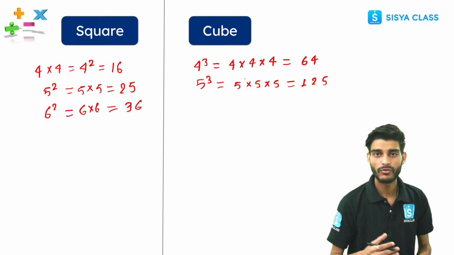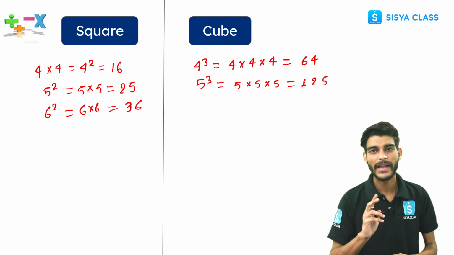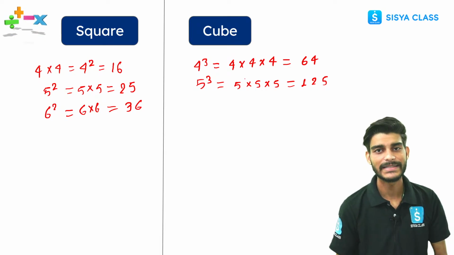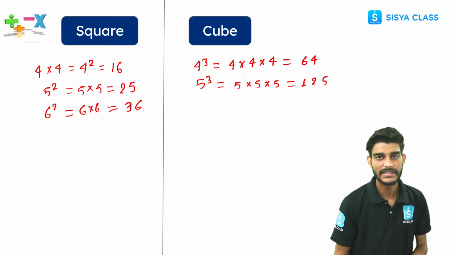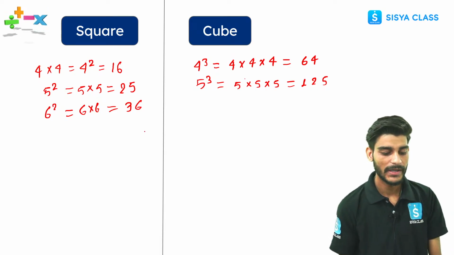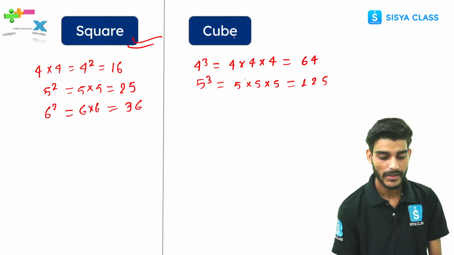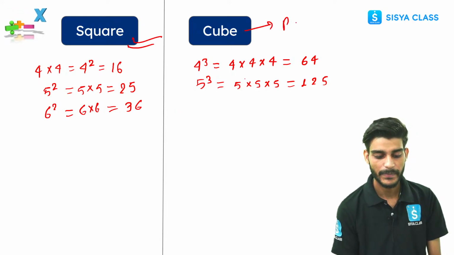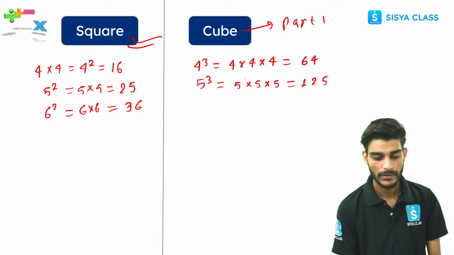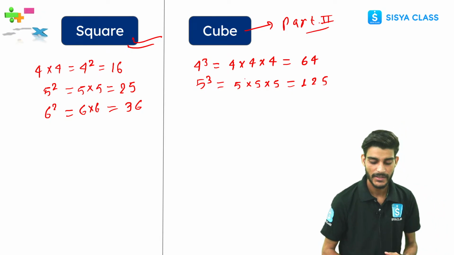Clear? So in a square you have to multiply the same number 2 times. In a cube you have to multiply the same number 3 times. I hope this is clear to you. From now on we will be mainly dealing with squares in this video, not cubes. This I'll cover in part 2 in later classes. So the square is clear to you?